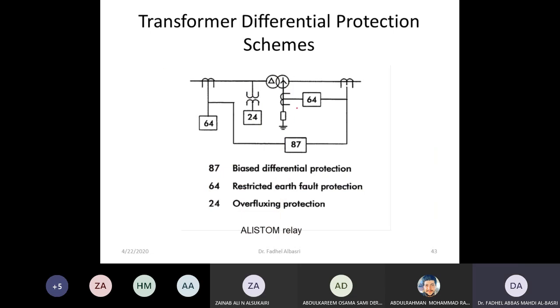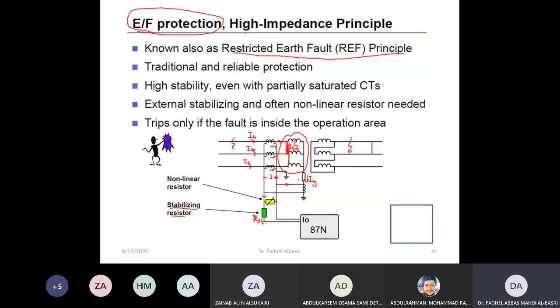What I have presented are only two types of protections for the transformer. I presented the differential when the two CTs at the primary and secondary are connected to a differential relay, and I also presented the 64 relay, which is the restricted earth fault.